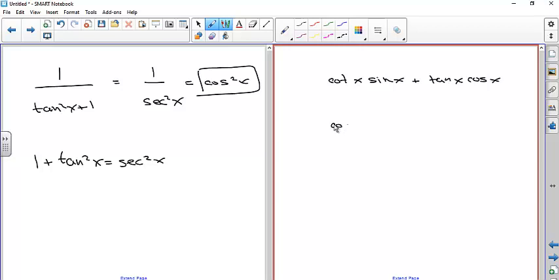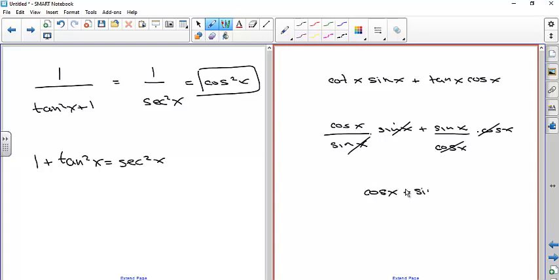So the cotangent is cosine over the sine, and the tangent is the sine over the cosine. And you see what happens is this cancels out with that, that cancels out with that, and we're just left with the cosine of x plus the sine of x. And that's pretty much all she wrote there.